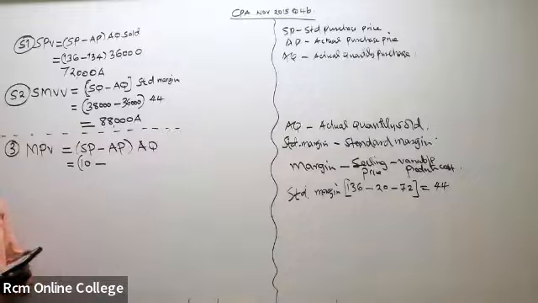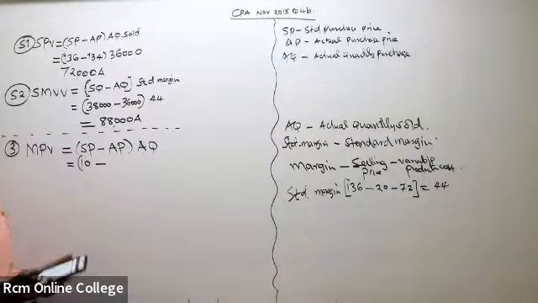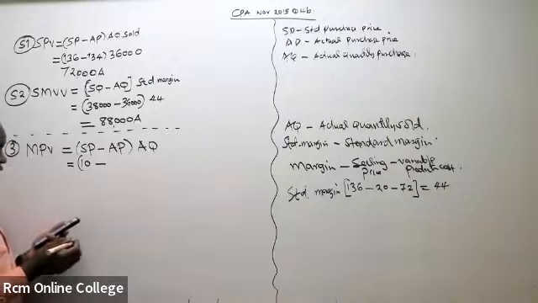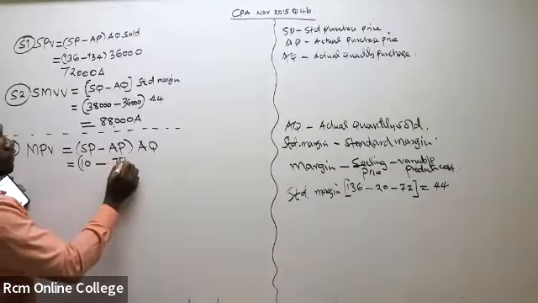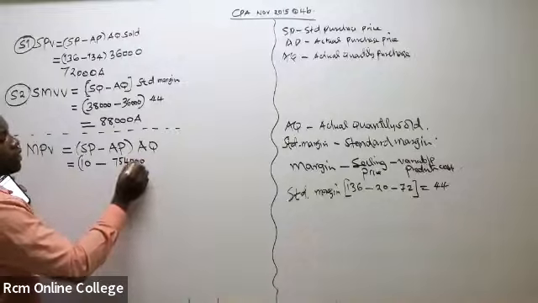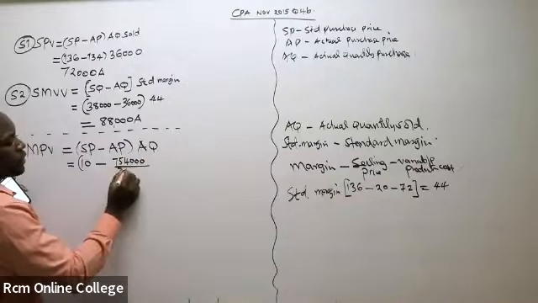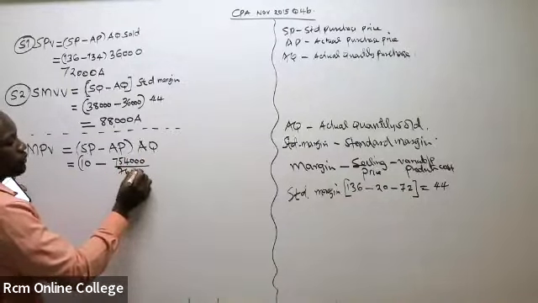How about actual price of raw material? Actual price of raw material ni ngapi? So we go to additional information number 2. Actual results for the month of October were as follows. Let's go to material. They purchased 76,000 kgs and the company paid 754,000 to purchase 76,000 kgs.